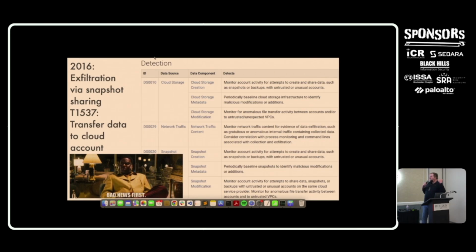In the case of snapshot sharing, as you might know, this one actually has its own technique in the attack matrix, and the tactic is exfiltration.